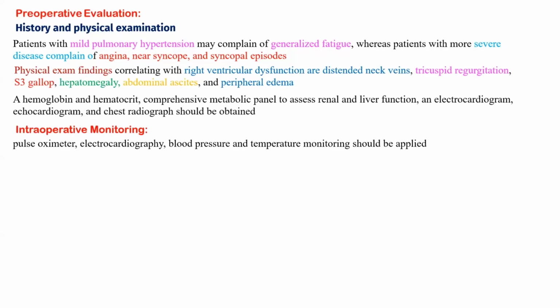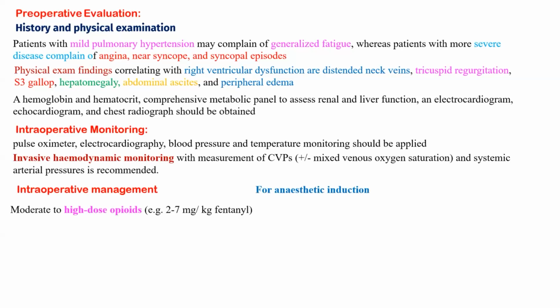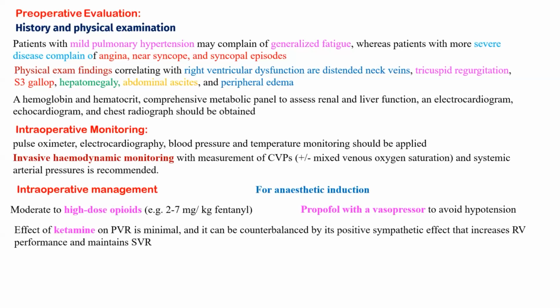For intraoperative monitoring, apart from routine monitoring, you have to go for invasive hemodynamic monitoring based on the risk stratification that you have done already. Coming to intraoperative management, for anesthetic induction you can use high dose opioids or propofol with a vasopressor to prevent hypotension caused by propofol. Or ketamine, even though it is supposed to increase the PVR minimally, is considered a positive sympathetic response that increases right ventricular performance, and at the same time maintains SVR.